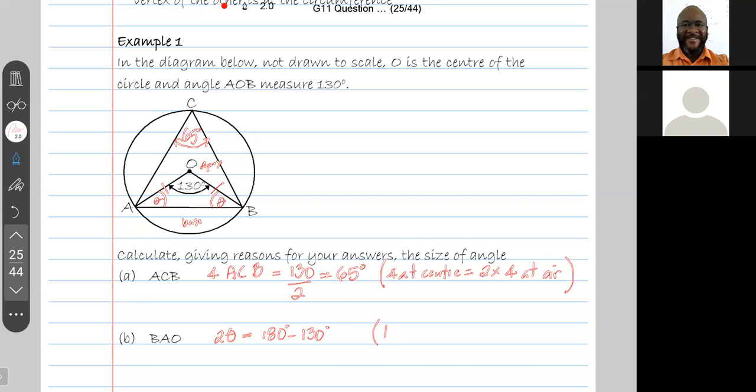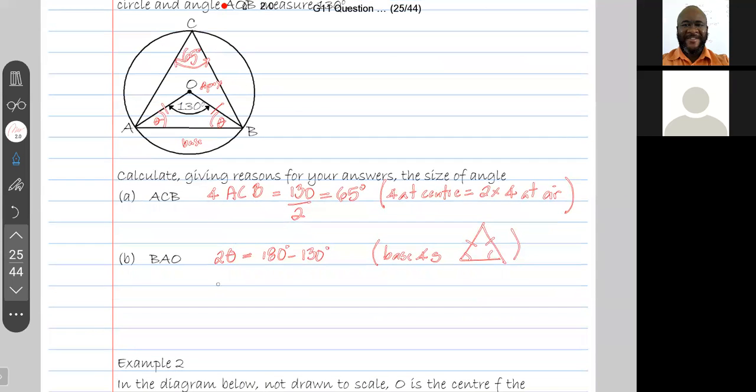The base angles of an isosceles triangle are equal. So 2 theta would be equal to 50 degrees.